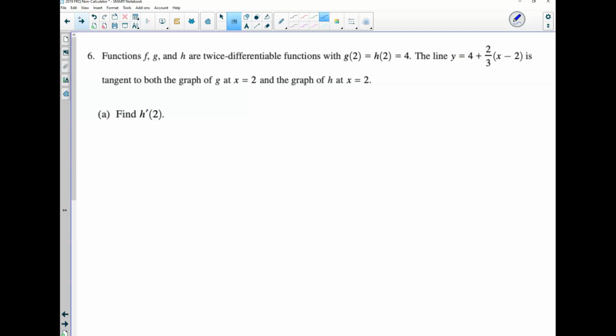The line y equals 4 plus 2/3 times x minus 2 is tangent to both g and h at x equals 2. What is the derivative of h at 2? Well, it has to be equal to the slope of that tangent line because that's the point of tangency for the function. That's 2/3. Done deal, 1 point.